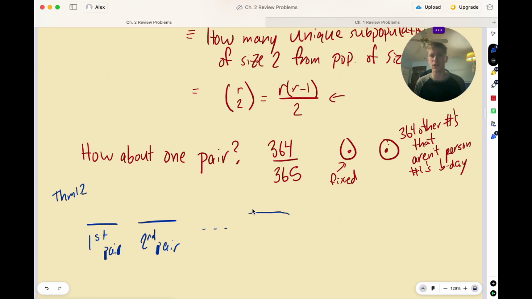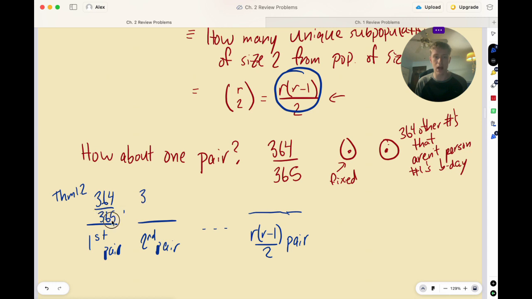Well, how many pairs of individuals are there? R times R minus 1 all over 2. And all of them have the same probability to not share a common birthday, 364 over 365.